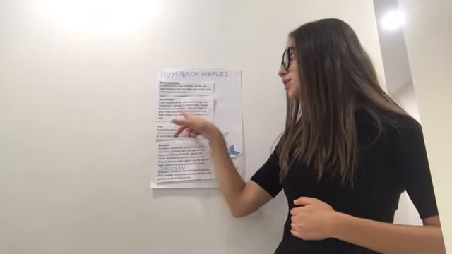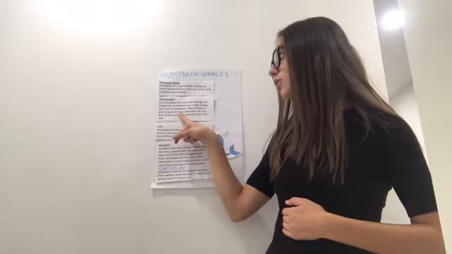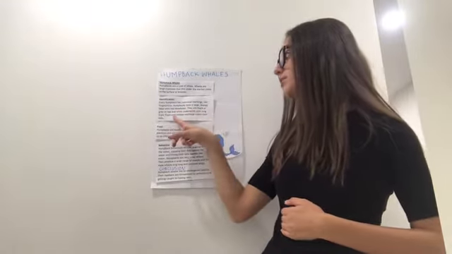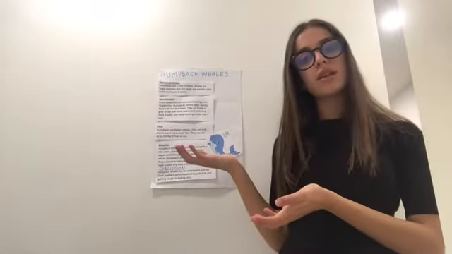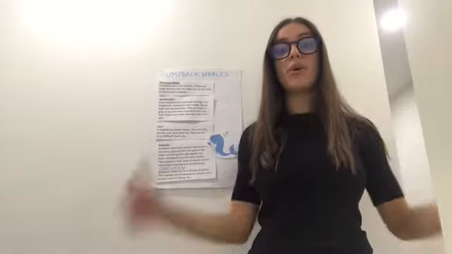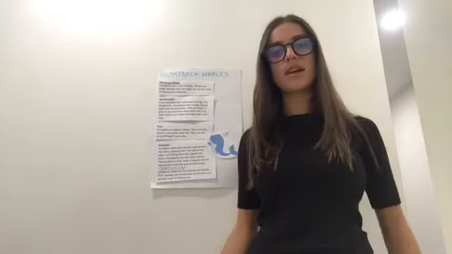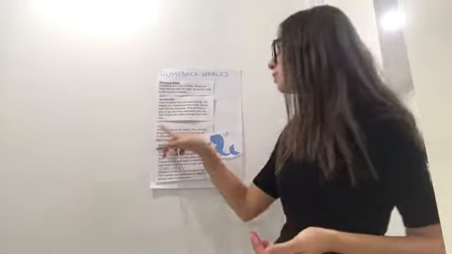Humpbacks have a large bumpy head with two blowholes and they are black or grey on top and white underneath, with long front flippers and white markings under their tails. Do you see that's identifying the features of a humpback whale, what it looks like? If you were to identify me, you would say I have 5 fingers on each hand, I have 2 arms, I have brown hair. So it's just identifying what a humpback whale looks like.